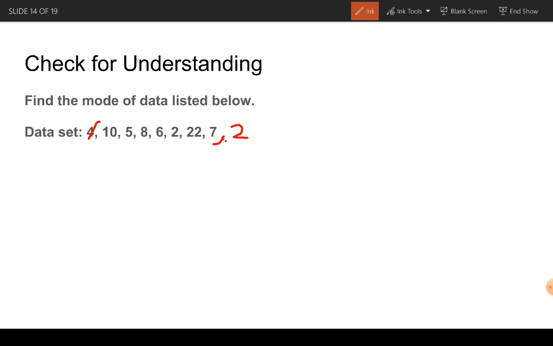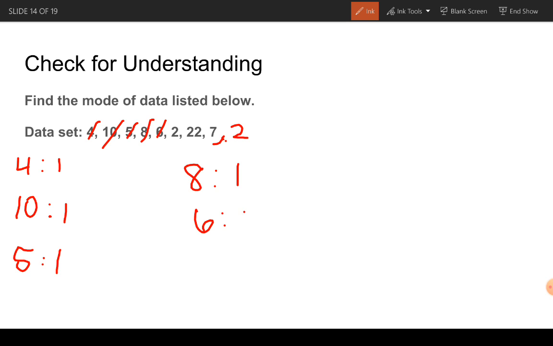So let's start with 4. So 4 appears once, 10 appears once, 5 appears once, 8 appears once, 6 appears once, 2 appears twice, and let's see, 22 appears once, and 7 appears once.